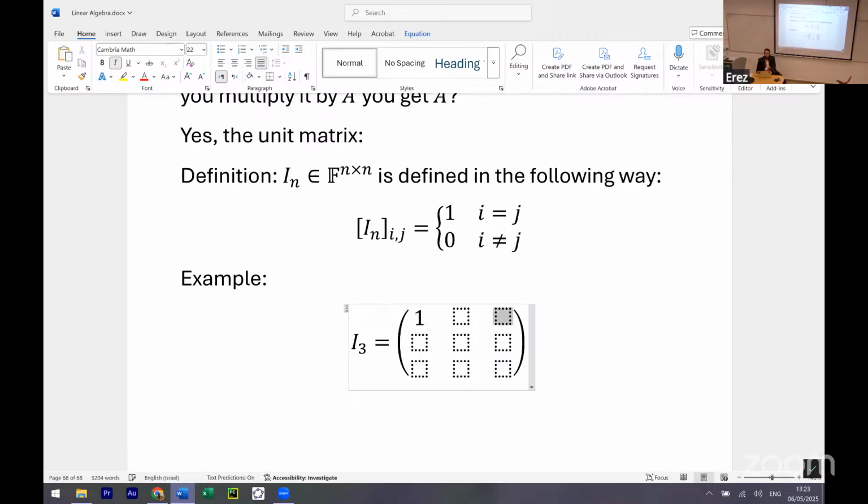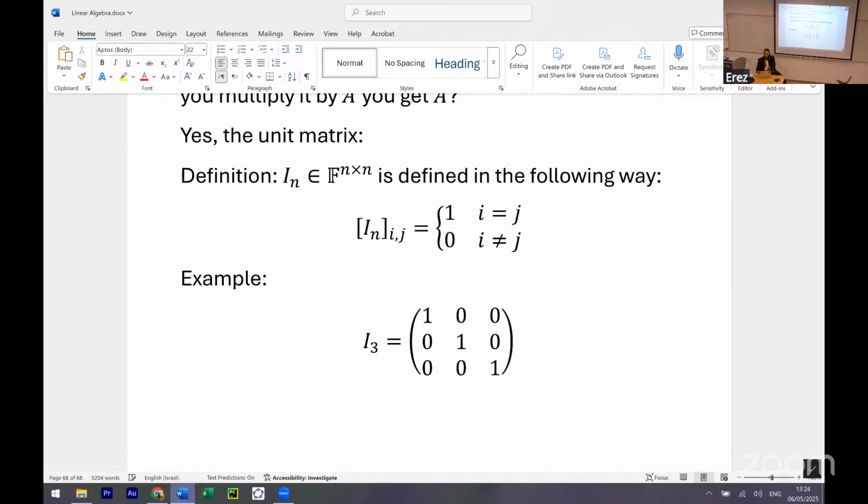And also for the rest of the diagonal, these are all 1s. And all other elements, say this one, it's the first row and third column. So i is different than j. What are the values here? 0. So this is the unit matrix.